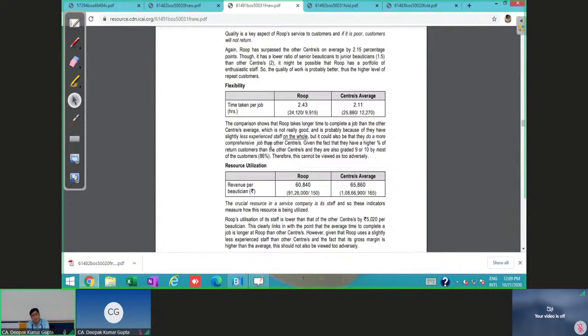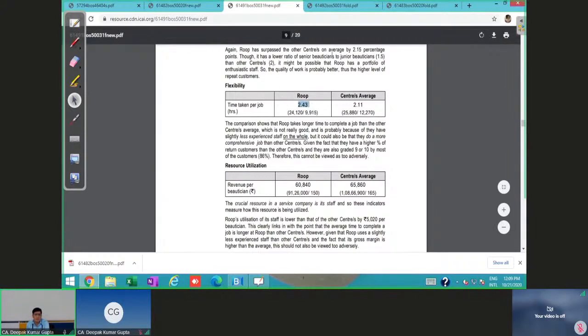Another is flexibility. Flexibility can be measured through time taken, and the time taken in the case of Roop is 2.43 hours for a particular job or assignment, but in the case of other centers it is 2.11.